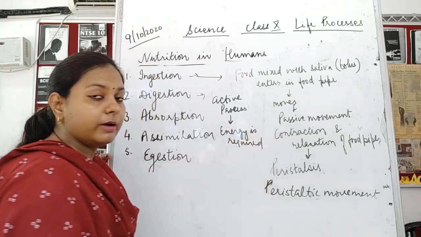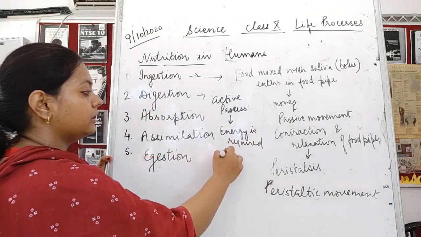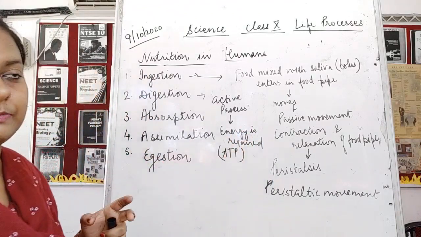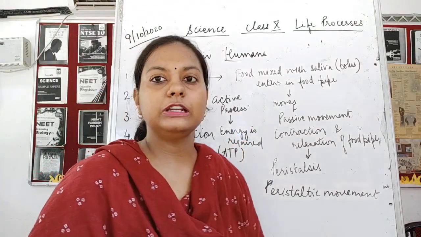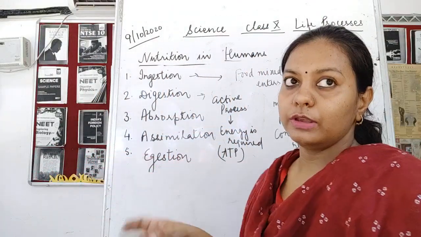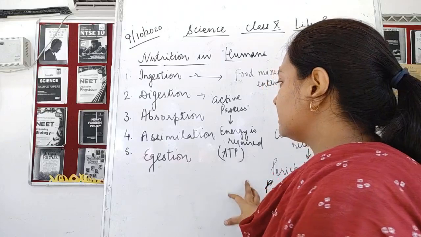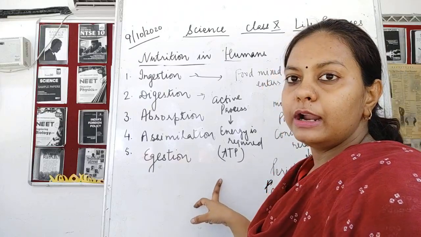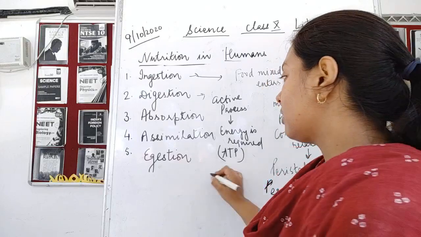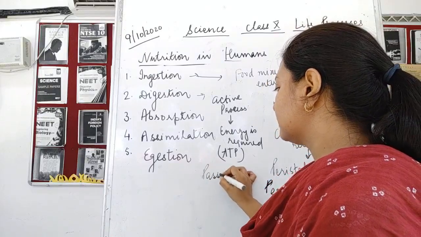Energy is required in any process. We are consuming or releasing ATP. ATP means adenosine triphosphate. We are using this energy currency for any process. So any process where this energy is required is said to be an active process. Please remember this.